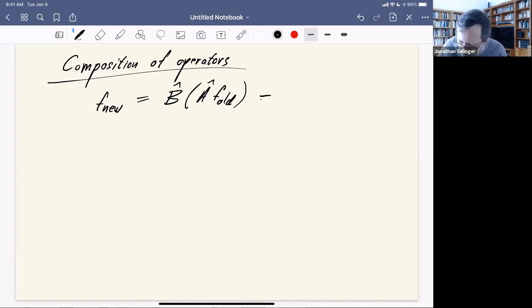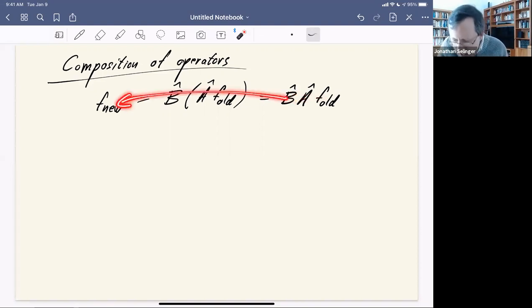We normally write this without parentheses. So we write it as B acting on A acting on f old, like that. When you see something written out like this, you have to read from right to left. So f old goes into A, then the output of that goes into B, and then the output of that is your new function.